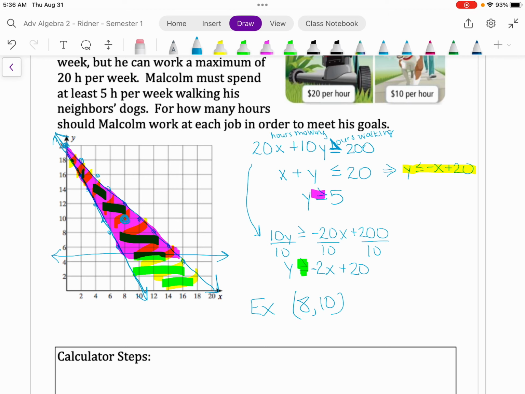So remember, X was hours mowing, so he could spend 8 hours mowing and 10 hours walking dogs. And he would make at least $200. He would still do the 5 hours of dog walking, and he would not exceed 20 hours because that would be 18 hours. So that's not the only answer. All of these are answers inside of here, but that is one of them.